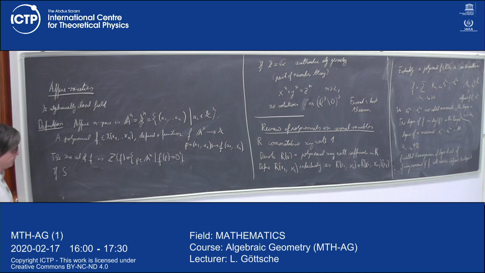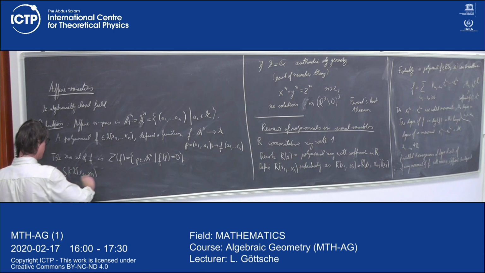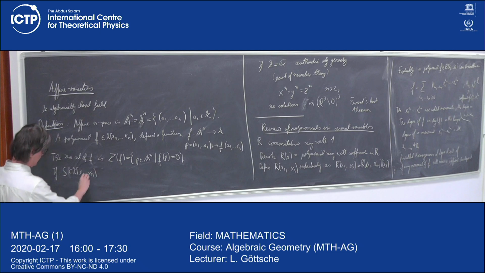Okay? So if I take a set of polynomials, so if we take a subset of the set of polynomials, we can look at the common zero set of that.